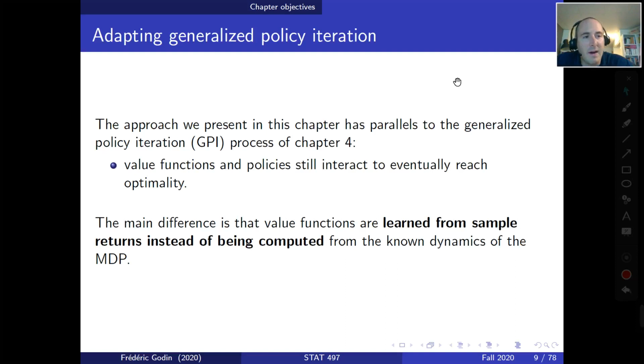When we refine our estimate of the optimal value function, we can use that new estimate to define a new policy which should be greater in theory, and then that new policy can help determine or update our estimate of the value function. The main difference between what we do in this chapter and the previous dynamic programming chapter is that the values of the various states and actions are learned from experience instead of being computed through the Bellman equation.